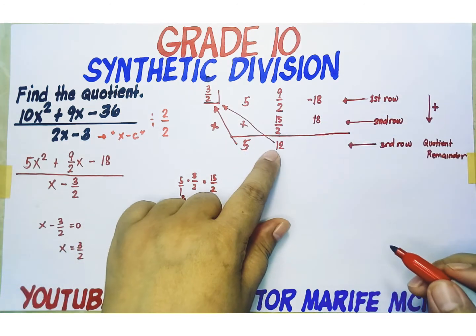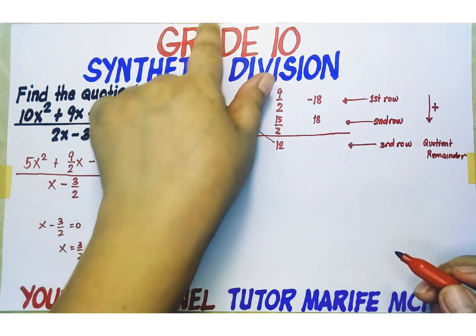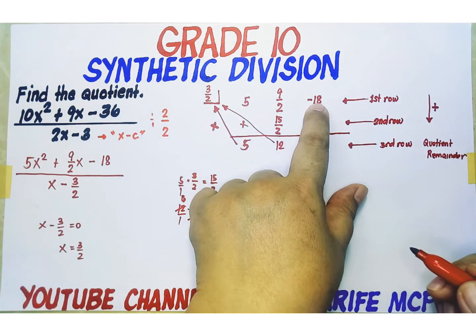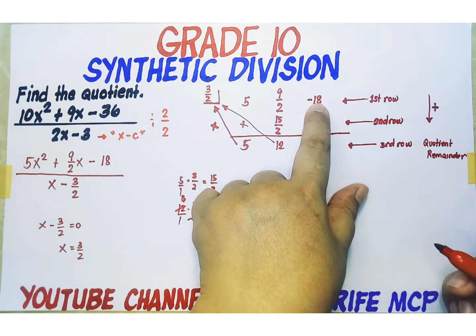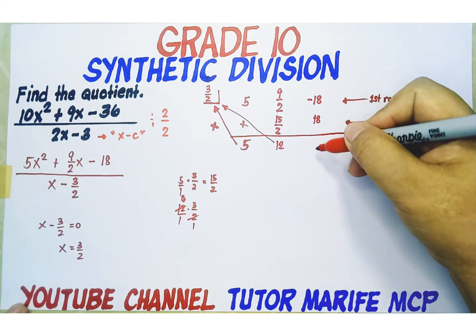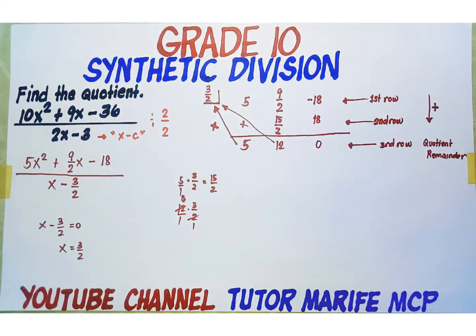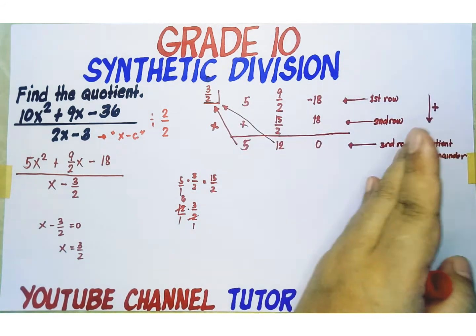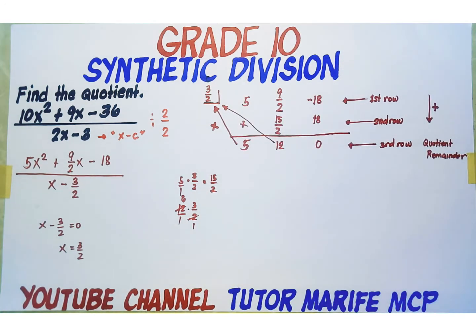Yung product ng 12 and 3/2, isulat mo doon ulit sa susunod na column, second row, then next column, then add vertically 0. Okay? Kapag used up na lahat ng columns, ibig sabihin you're done.